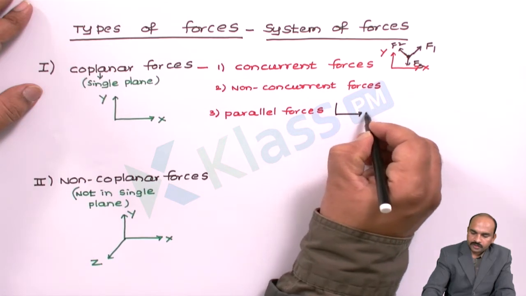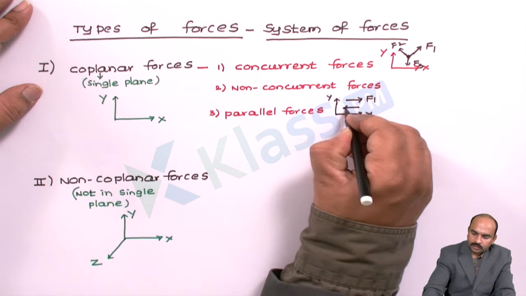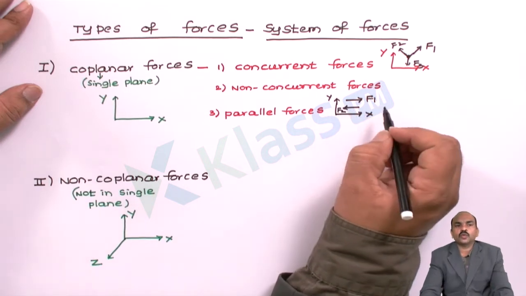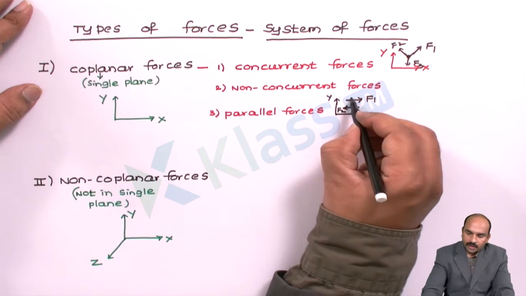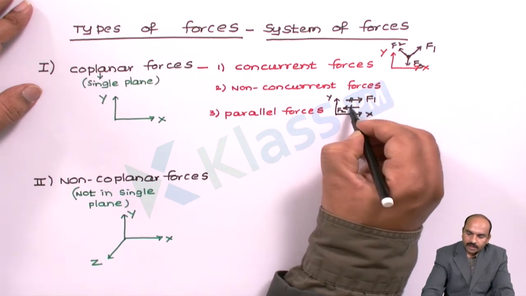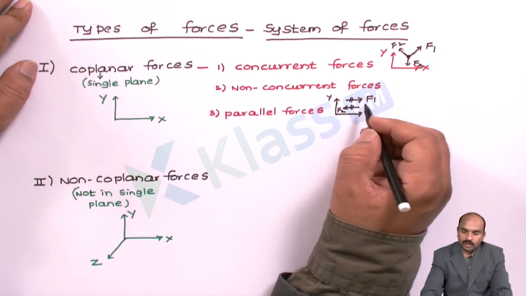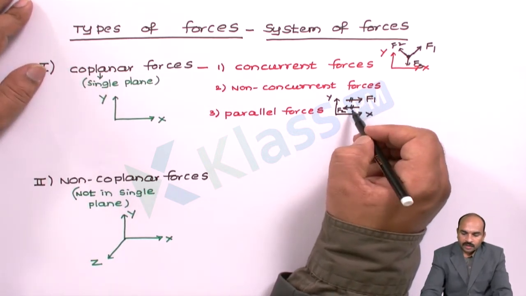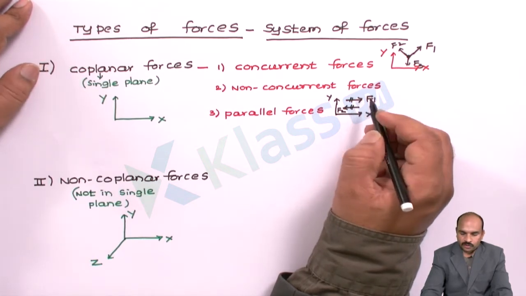There are two forces F1, F2. They are in the same plane and at the same time they are parallel to each other. So these are called coplanar parallel forces. If they are not parallel to each other, then we say non-parallel forces.